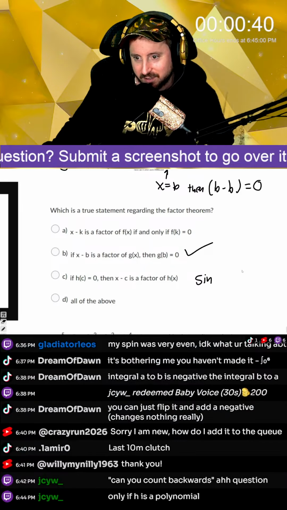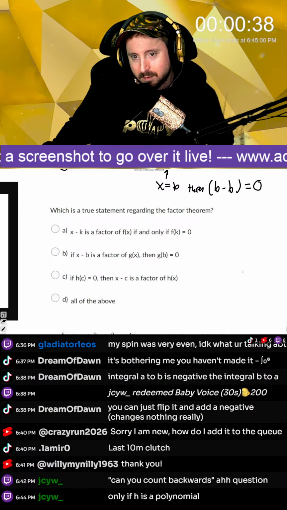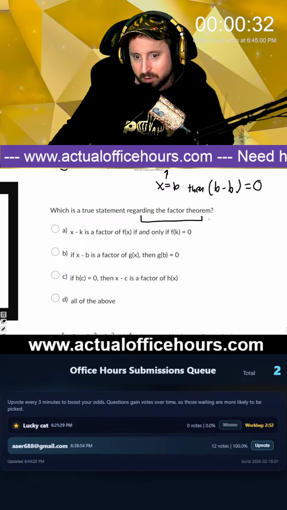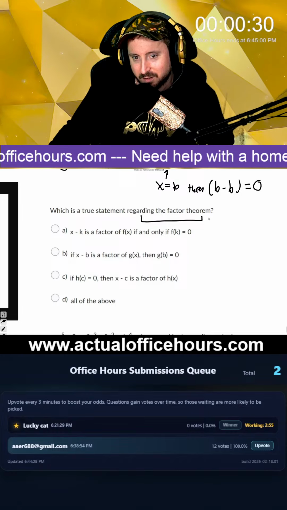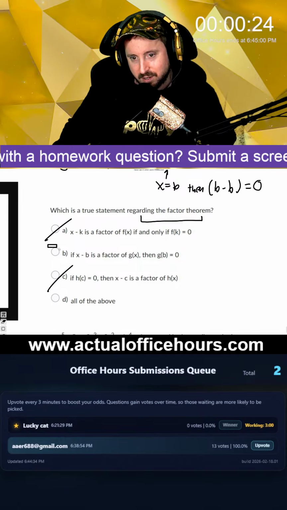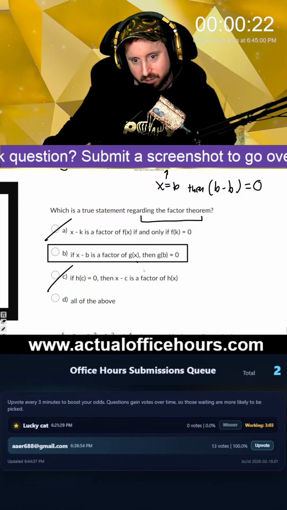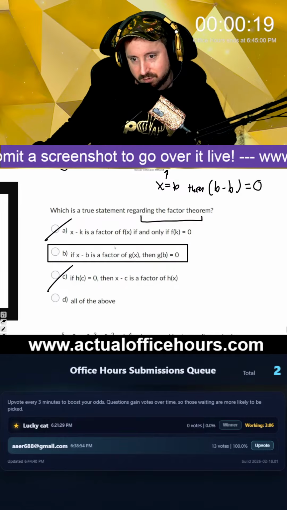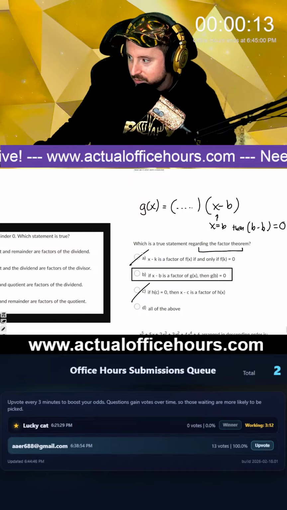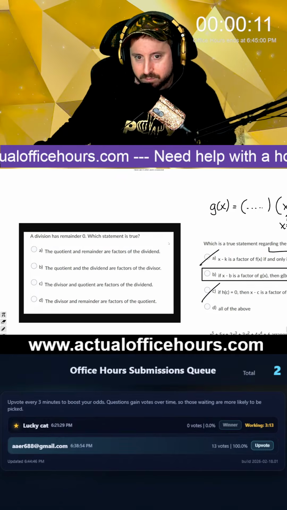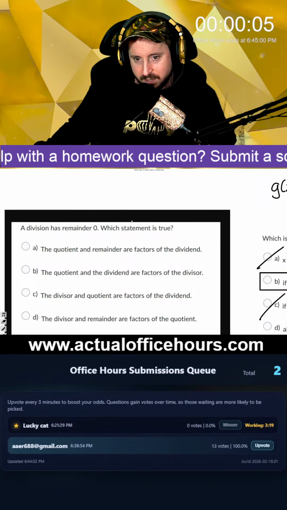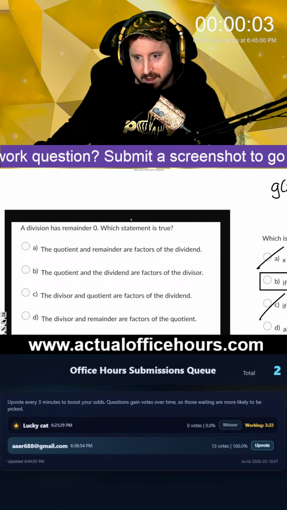So this is kind of a trick question. Only if h is a polynomial. So I'm tempted to say no to these and say that this is the only thing that's true, because yes, if it's a factor, then the function has to be equal to 0. Next: a division has a remainder of 0, where the quotient and the remainder are factors of the dividend.